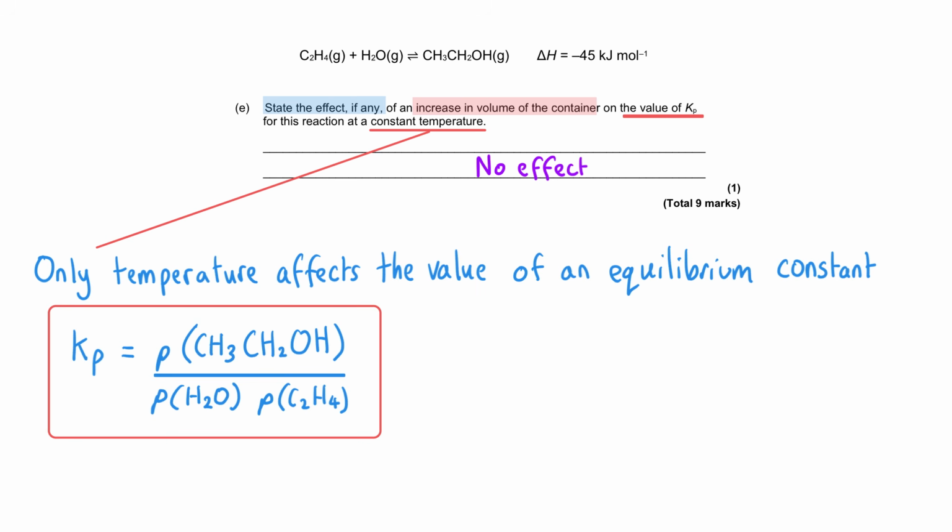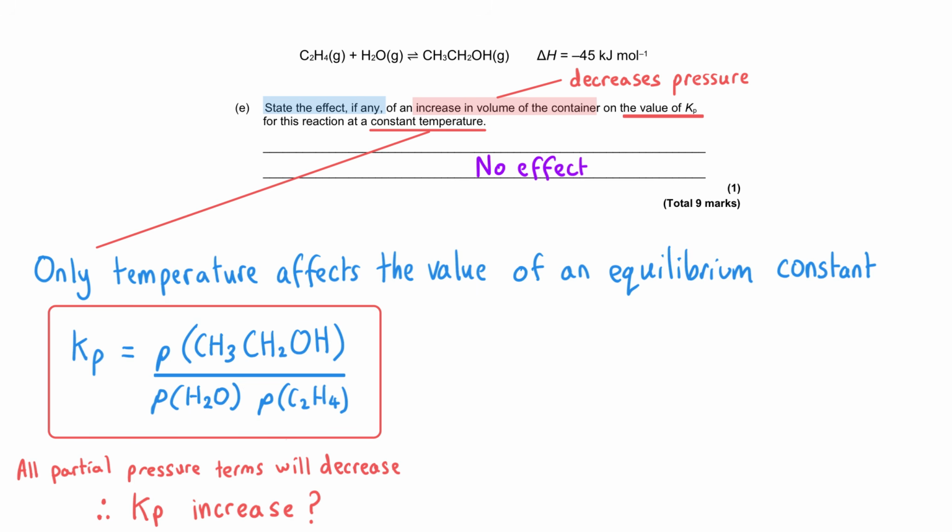If you consider the expression for Kp, you could be forgiven for thinking that this value should actually increase, because if we increase the volume of the container, this will have the effect of decreasing the total pressure, which will in turn decrease all of the partial pressure terms. And because there are two partial pressure terms on the denominator of our Kp expression, the overall effect will be to increase the value of Kp.